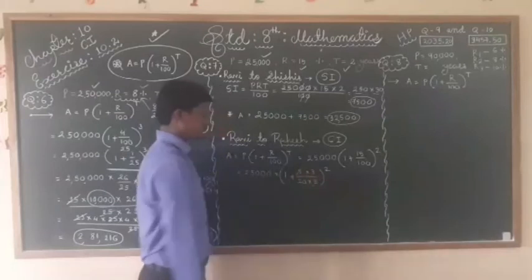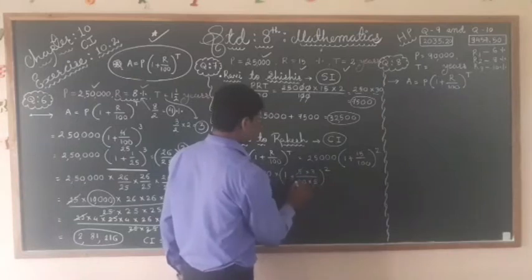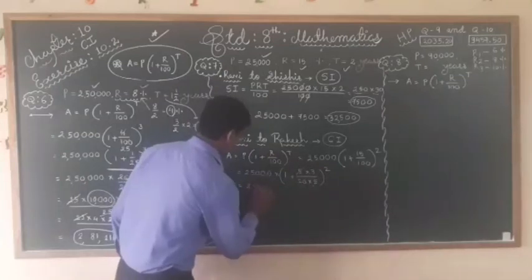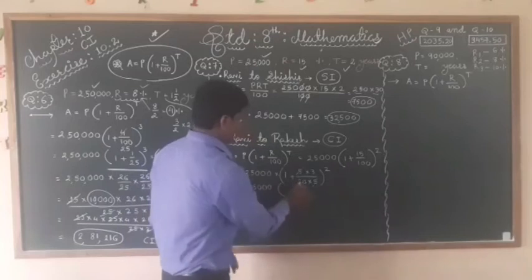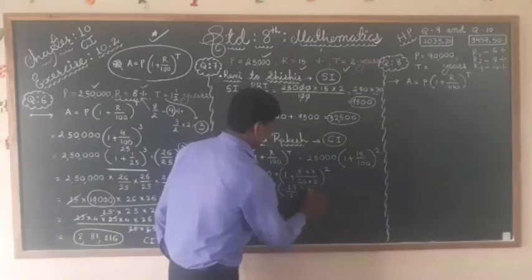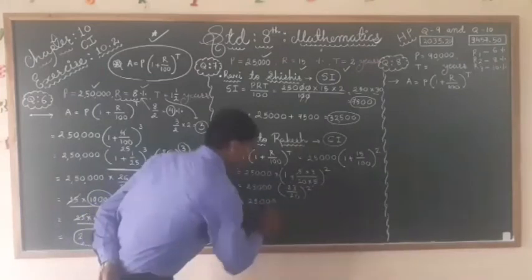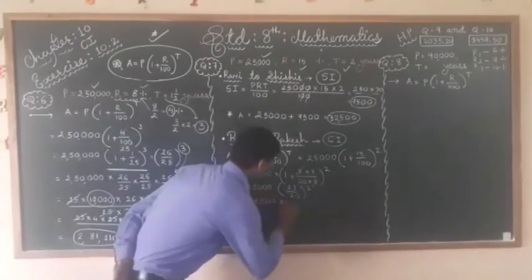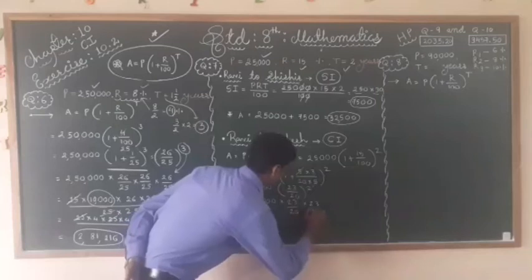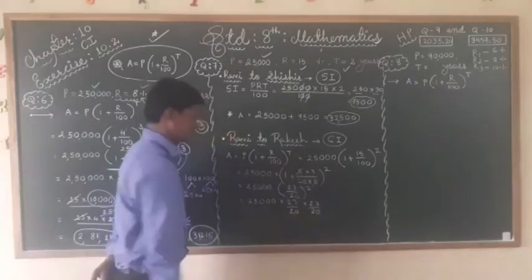So 5 cancels out. What remains is 20. So 20 plus 3, 23 divided by 20 squared. So we will simplify now: 25,000 multiplied by 23 by 23 divided by 20 by 20. So zeros cancel out.